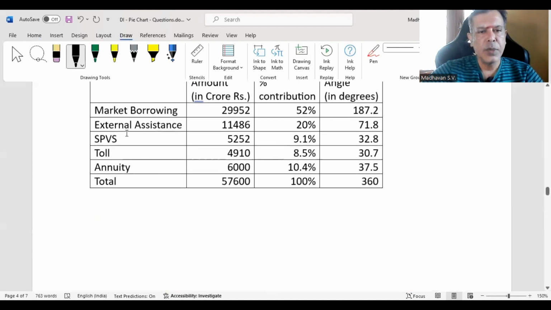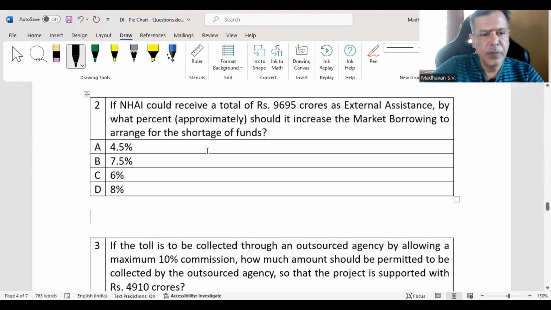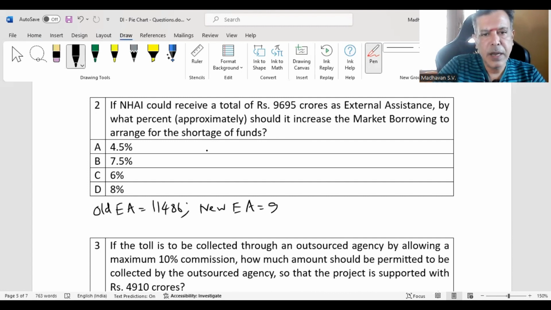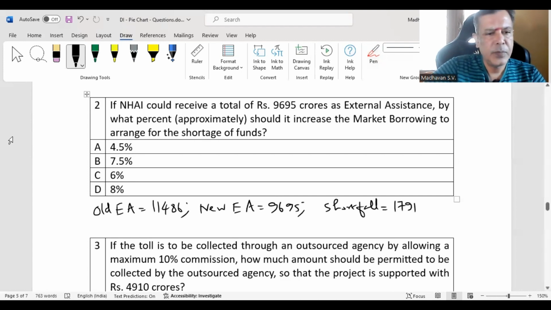Here, the old external assistance amount is 11,486 crores. Now they could receive only 9,695. So the new external assistance will be 9,695, which means the shortfall is 11,486 minus 9,695, we get 1,791.